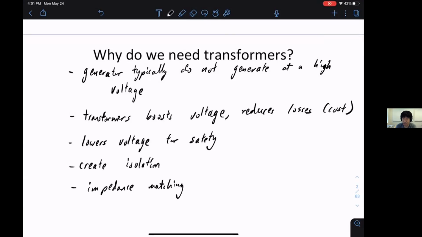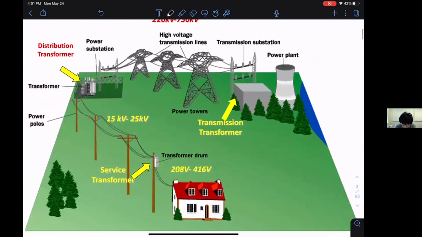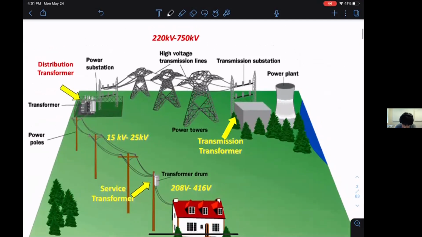Okay, so a transformer is quite common equipment in the system, right? And they're used all over the place. After you come out of a power plant, there's a big transformer that boosts the voltage up to a pretty high voltage.